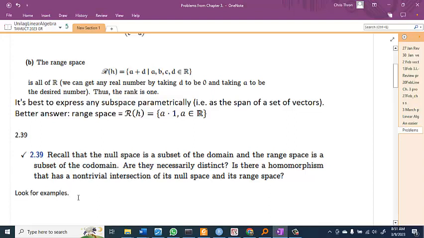So are they necessarily distinct? Okay. Now, remember what null space is. Null space maps to 0. And the range space is the set of outcomes of the function, or the set of images.